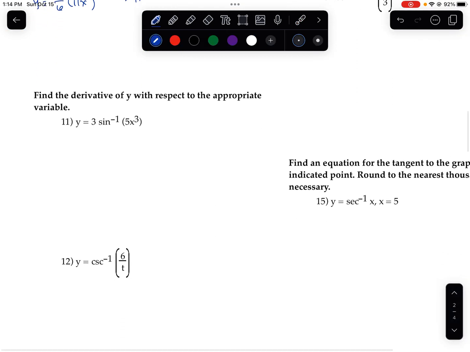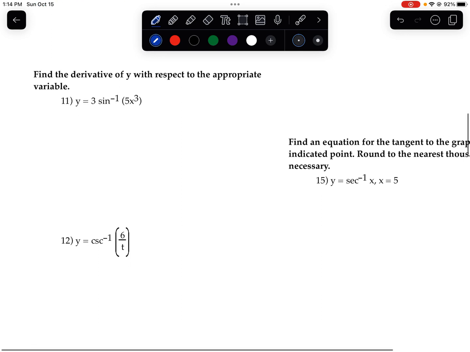Alright, find the derivative of y with respect to the appropriate variable. So we're defined in terms of x, so the appropriate variable would be x. And so here's a coefficient, so for y prime, we're just going to keep the coefficient. Now here, take the derivative of arcsine of that, so the derivative of arcsine is going to be 1 over the square root of 1 minus the function squared.